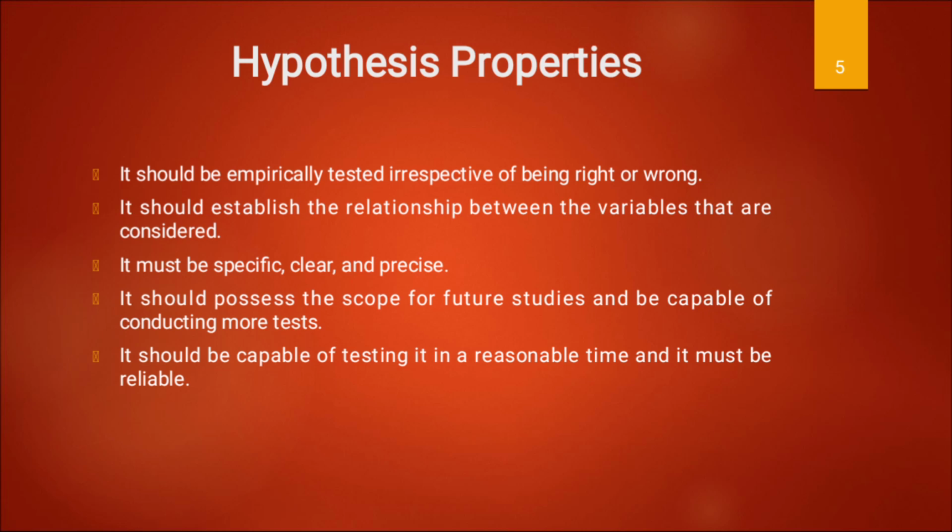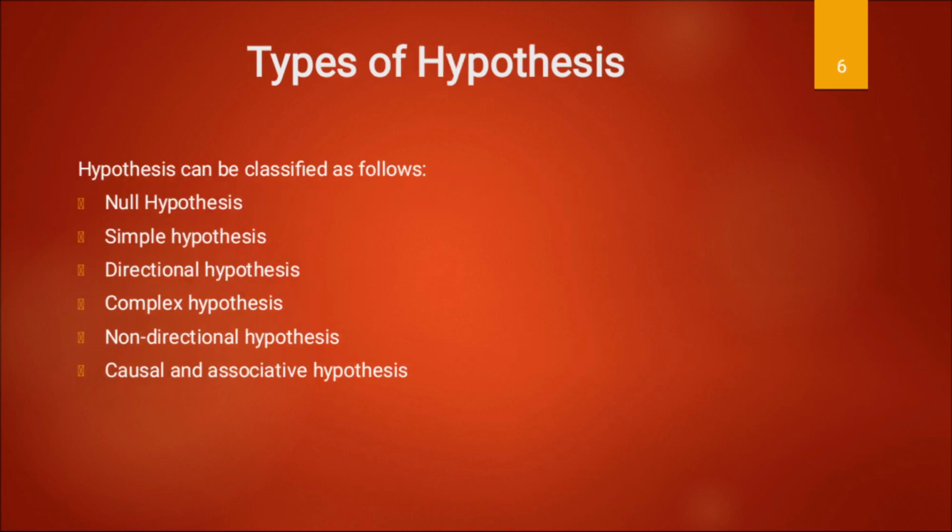It must be specific, clear, and precise. It should possess the scope for future studies and be capable of conducting more tests. It should be capable of being tested in a reasonable time, and it must be reliable.